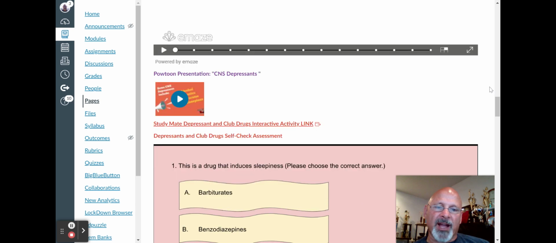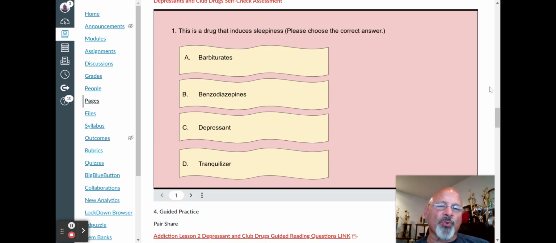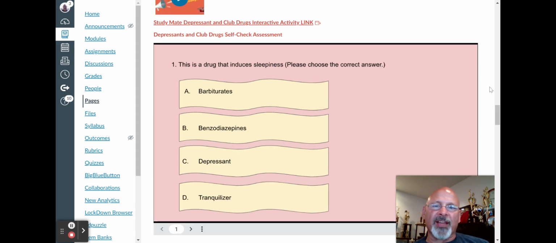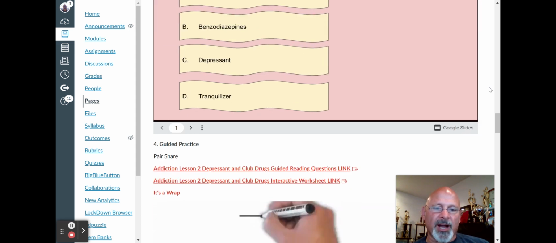Another thing with my lessons, I have students work with other students in groups. And basically, things like the guided reading questions and the interactive worksheet are things that students can do, and they work together and they do get points for it.